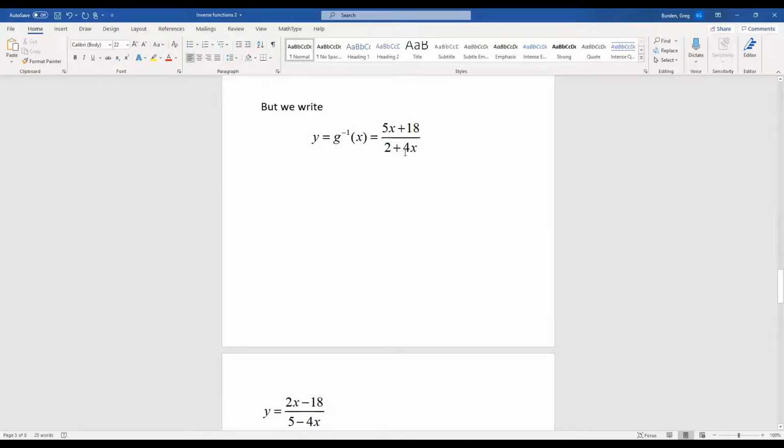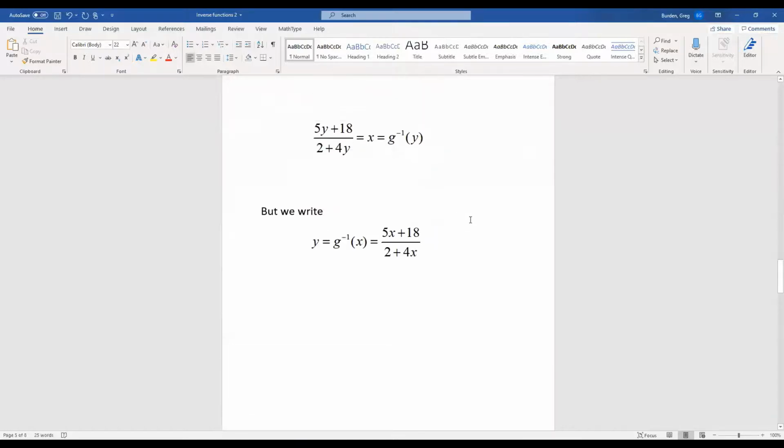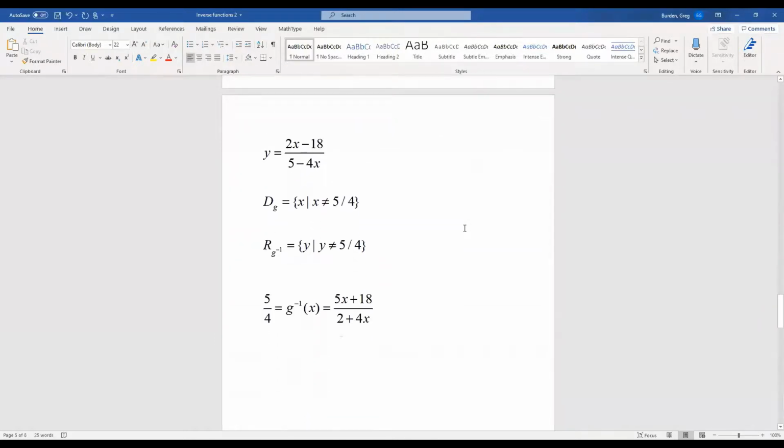Well, if x is 0, 5x is 0, 4x is 0, we just have 18 over 2, which is 9. So 0 goes to 9, which means that in the original function, which we have here, 9 would have to go to 0. Well, if you plug in 9 here, 2 times 9, 18 minus 18 is 0. 0 divided by, I guess, 5, which should still be 0.